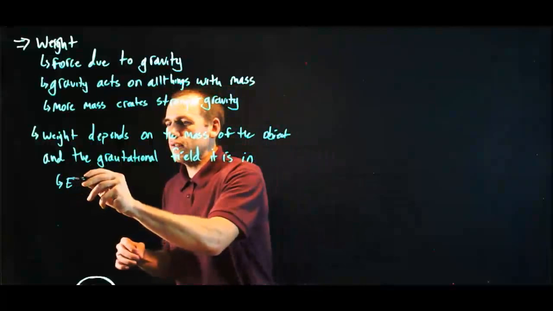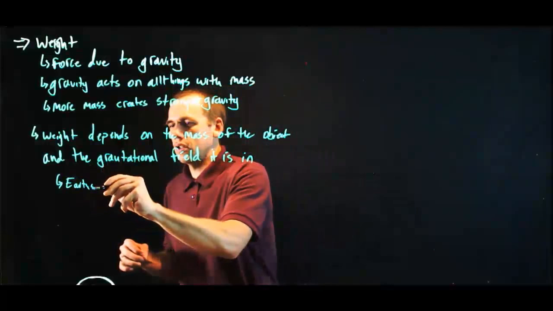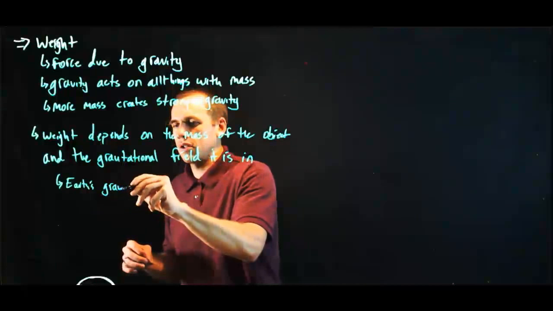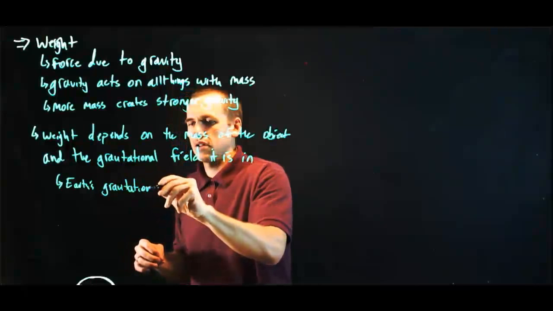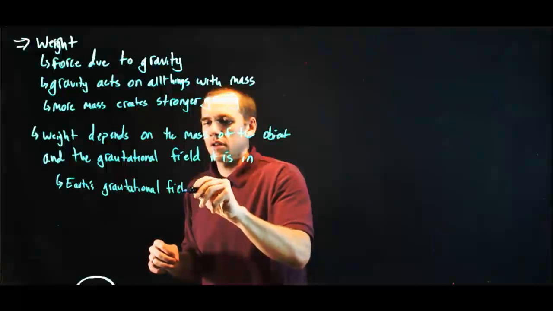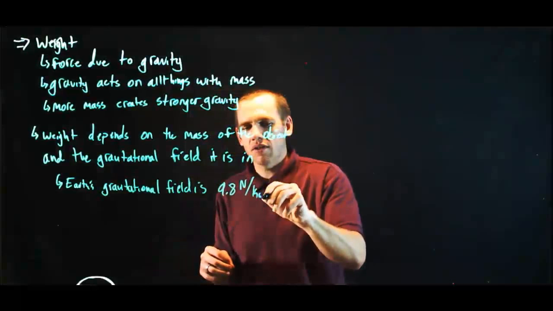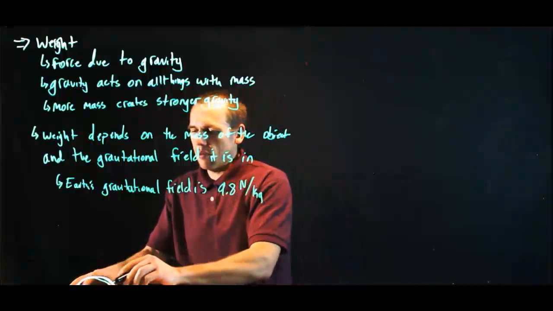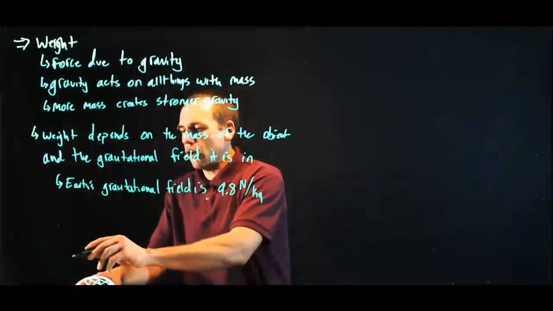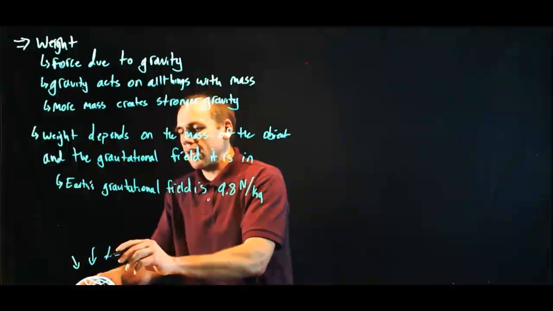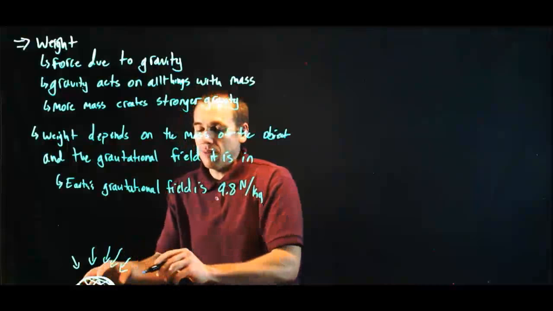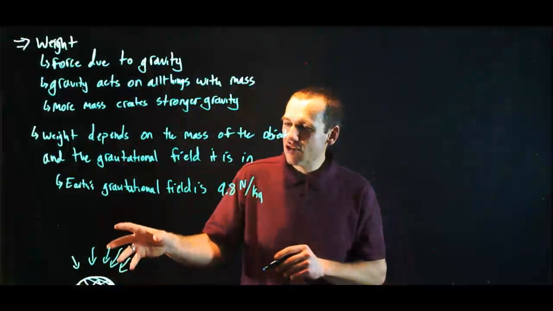Earth's gravitational field is 9.8 newtons per kilogram. So because the Earth is here with all of its mass, any mass around it is attracted towards it. And the more mass that something has, the stronger that is.